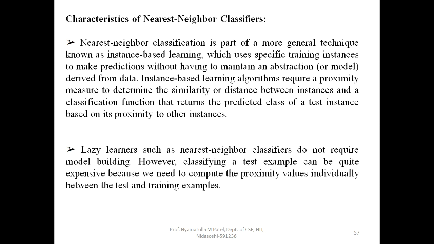This algorithm requires a proximity measure to determine the similarity or the distance between two points, and a classification function that returns the predicted class of a test instance based on its proximity to other instances.